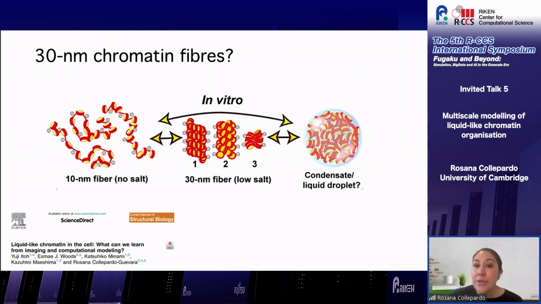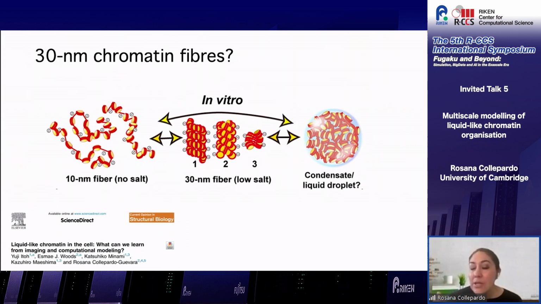And therefore, the hypothesis was that chromatin inside cells also forms this very ordered system. However, more recently, experimental techniques have advanced to the point of seeing signatures of chromatin inside cells, and they have consistently struggled to find evidence for these 30 nanometer fibers, and have proposed this new model known as the liquid-like chromatin organization.